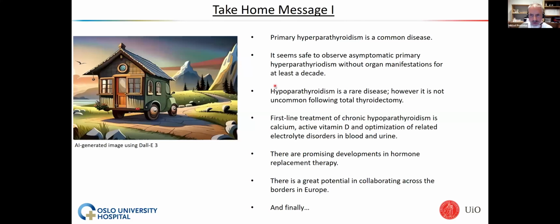It seems safe to observe asymptomatic disease without target organ manifestations for at least a decade. Hypoparathyroidism is rare. However, it's not uncommon following total thyroidectomy. The conventional treatment is calcium and active vitamin D, but there are promising developments in hormone replacement therapy. And many of the studies I've shown here today are a result of collaboration across the European borders, and I really think that there is great potential in this.